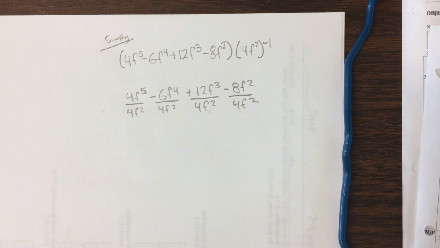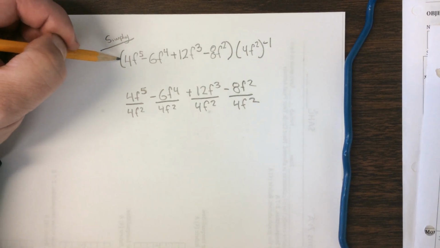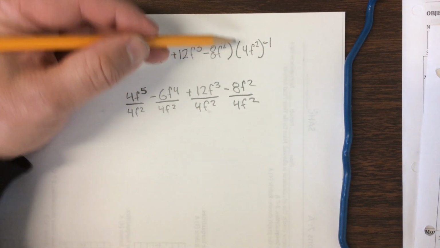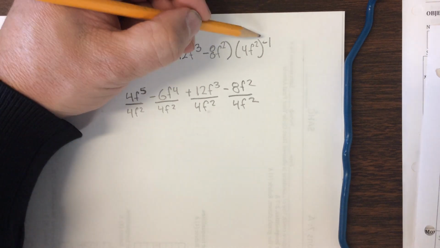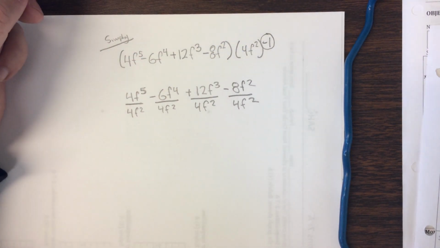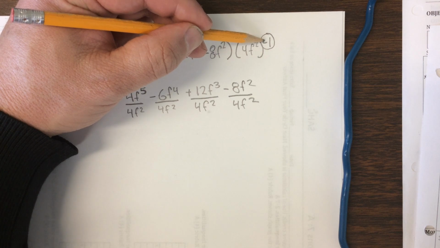Our second problem is similar to the first, it's just written differently. You can see here I have a polynomial being multiplied by a monomial, but it has this -1. We've learned that we can't have negative exponents, especially if they're outside the parentheses.